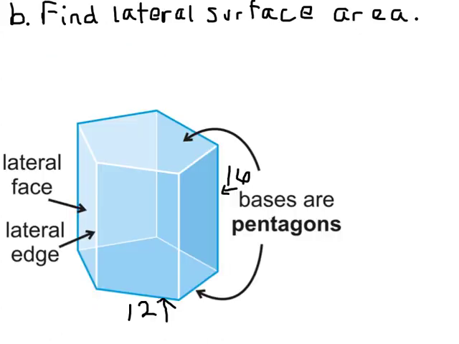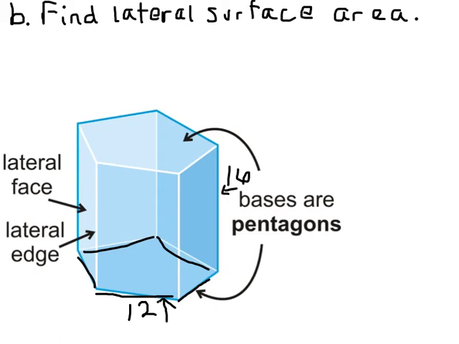Okay? Alright, B says to find the lateral surface area of this right prism whose bases are regular pentagons. The dimensions are in feet. So we know that this one side right here is 12, so this is 12, this is 12, this is 12, and this is 12. There are 5 12s.